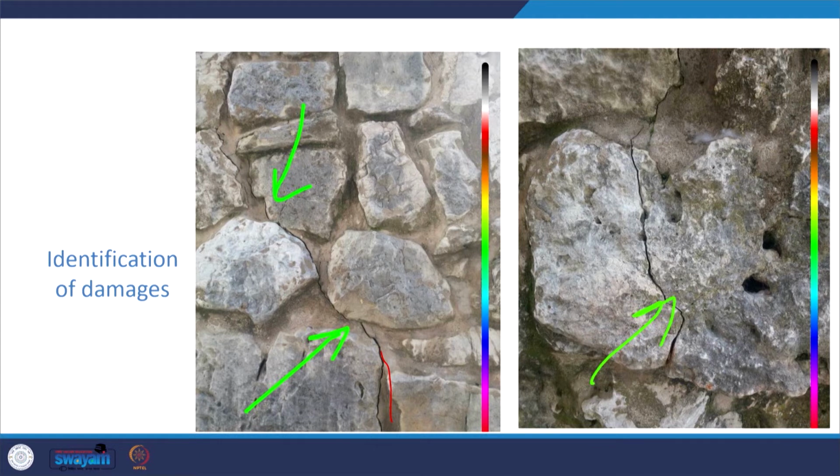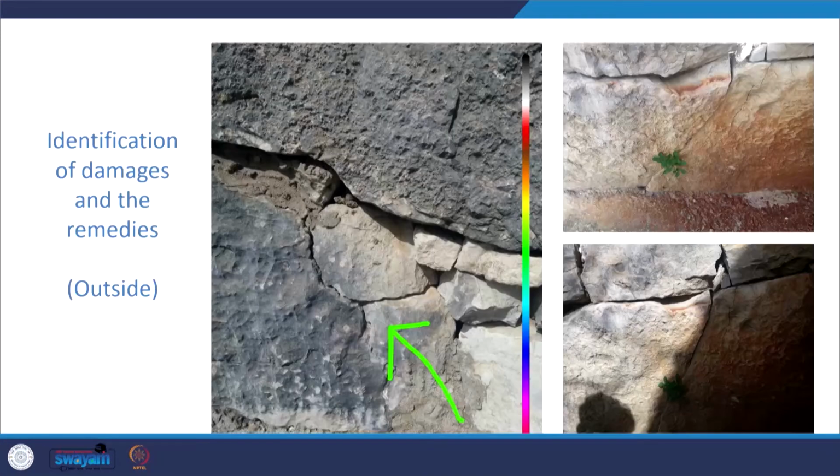Some cement plasters were applied in order to stabilize this, which is not a very convincing practice though. And also some of these rocks are disintegrating, and one can notice a layer of cement concrete which has been applied, and certain trees and plants are coming up within the smaller joints.